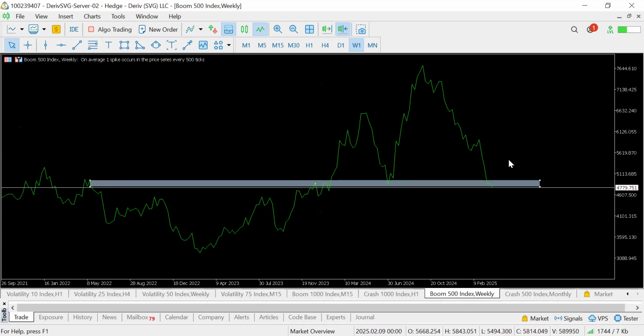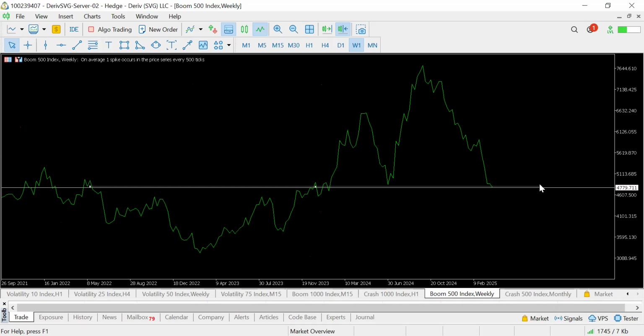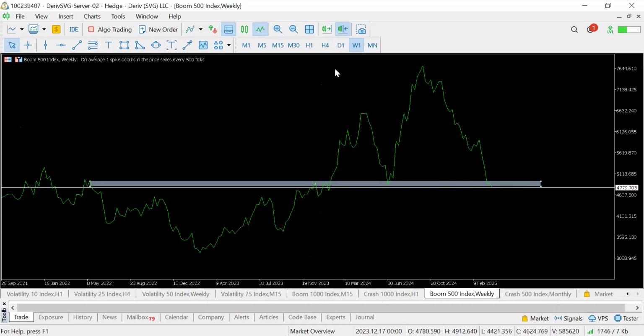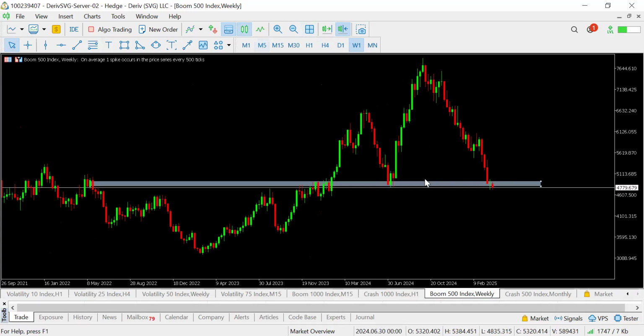But because we are not so sure, one thing we'll have to really pay attention to is the candlestick pattern or chart pattern that forms at this very strong support zone. You can see that we're already having candlesticks like doji, which is telling us that this massive movement downwards is failing.